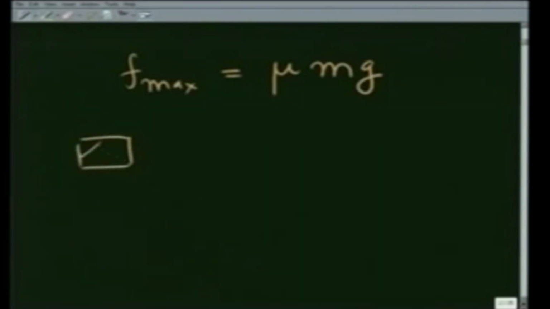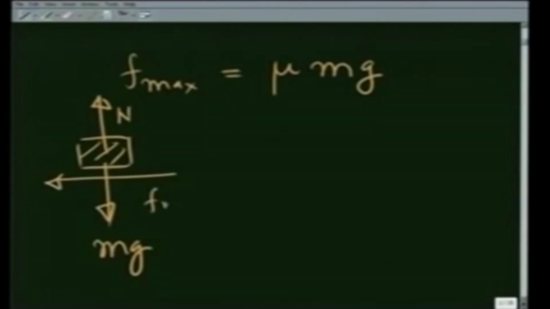So let us see what the maximum friction is. F max is going to be mu times mass of the box times g, because for this box, which is not moving in the vertical direction, N is the same as mg. So F max is given by this formula.